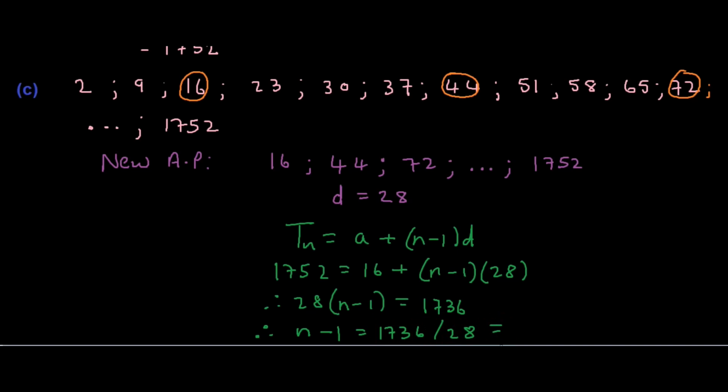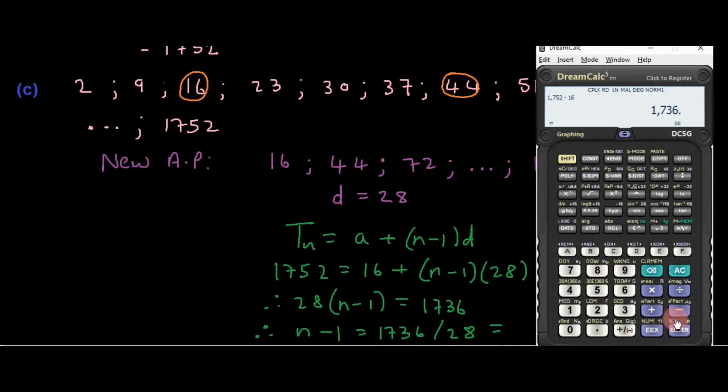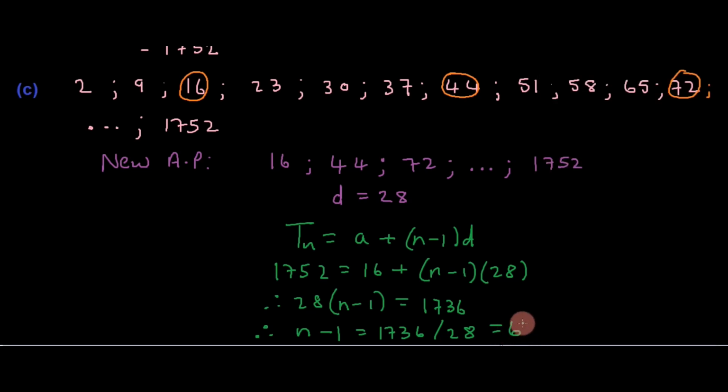Let's see what that comes to. And it's 62. And then n will equal 62 plus 1, which is 63. So there are 63 terms in this original sequence divisible by 4.